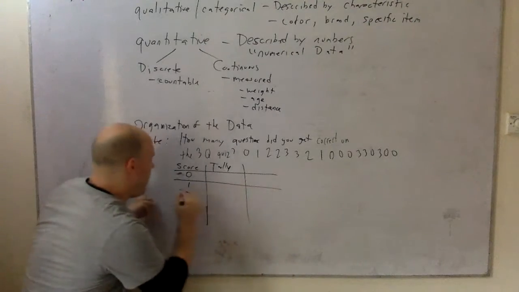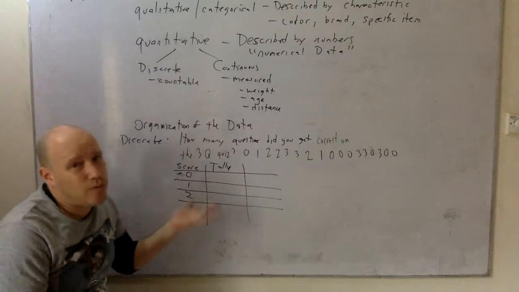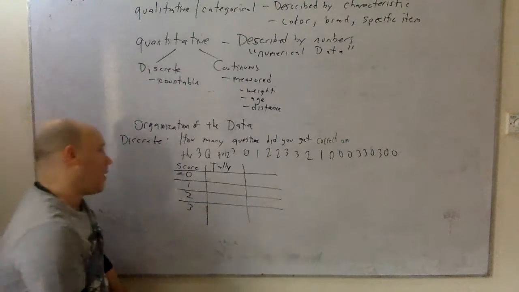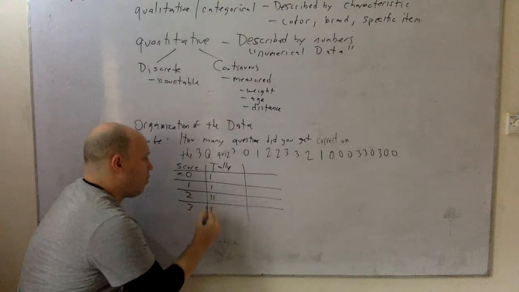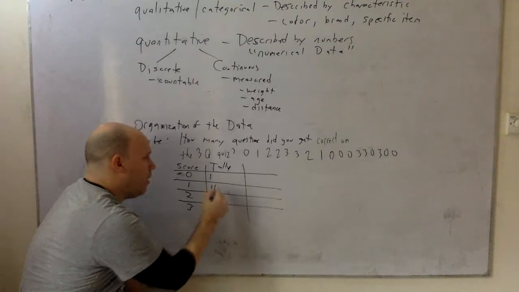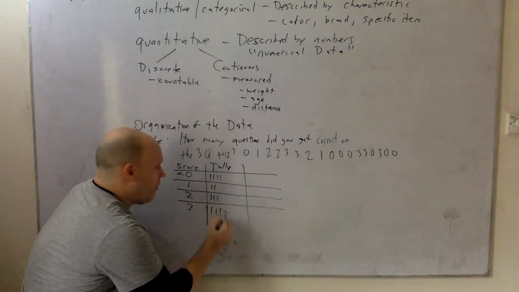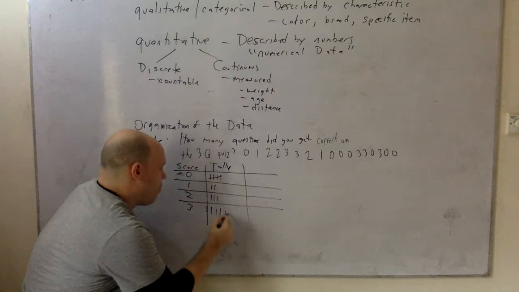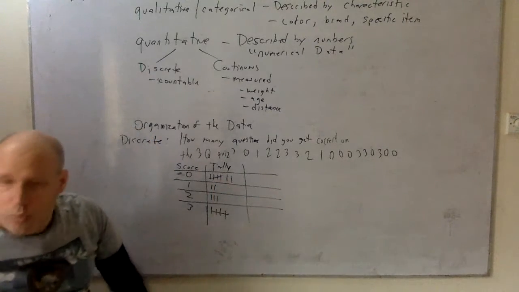Then we're going to put them in the chart, but first we do a tally. So maybe you'll read them off to me: 0, 1, 2, 2, 3, 3, 2, 1, 0, 0, 0, 3, 3, 0, 3, 0, 0. Okay, so it's a little more organized for us.